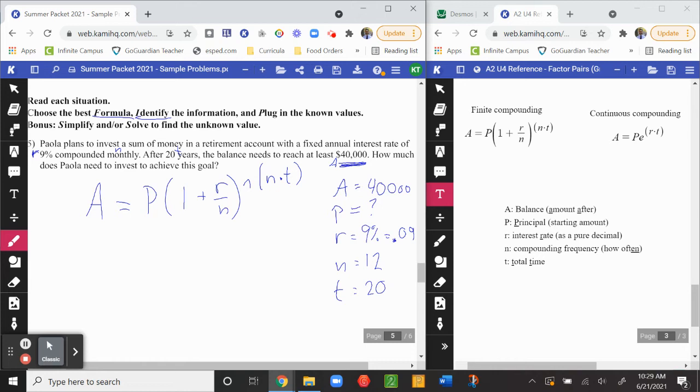Now I can go ahead and plug in. My A value is 40,000, and that equals my P value. I don't know that, so I'll leave it as a variable.